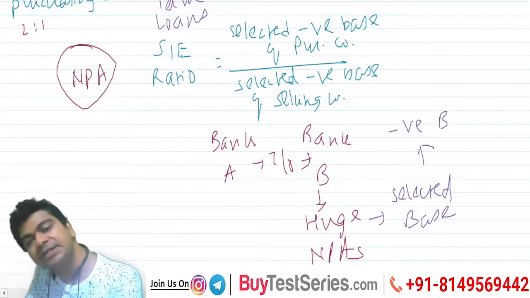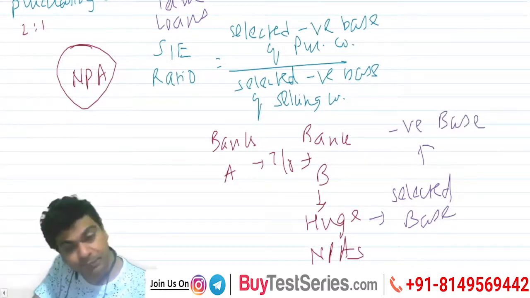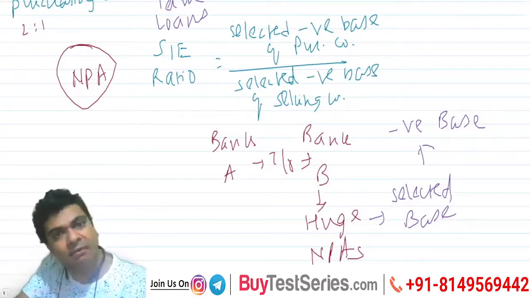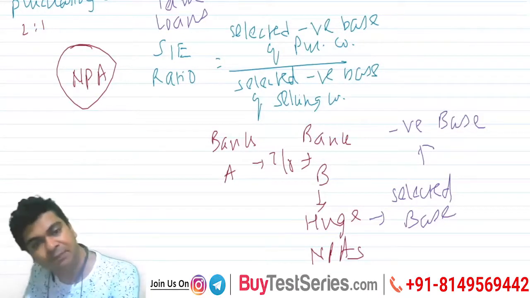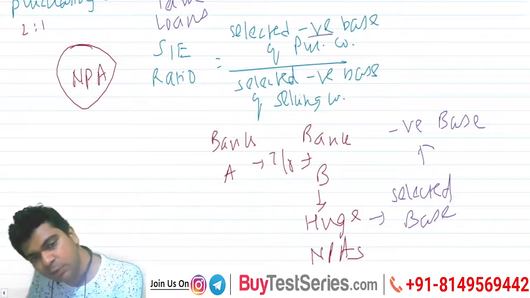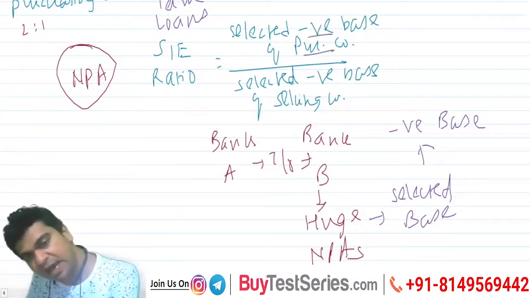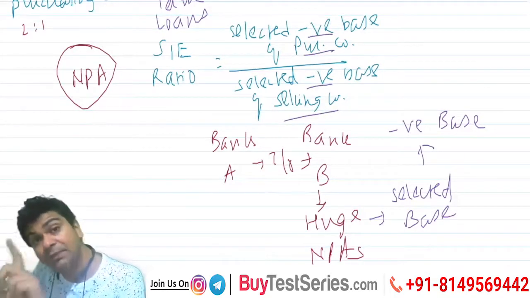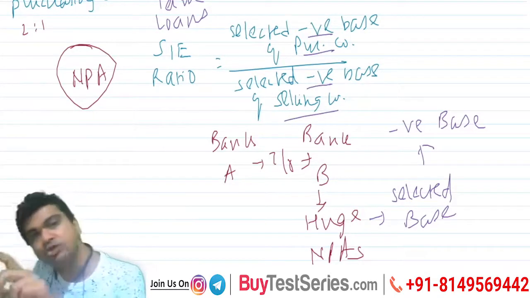That means it is a negative base. So NPA of bank A will be divided by NPA of bank B. That is, the selected negative base of the purchasing company will be divided by the selected base of the selling company. And thereby we will work out the share exchange ratio.